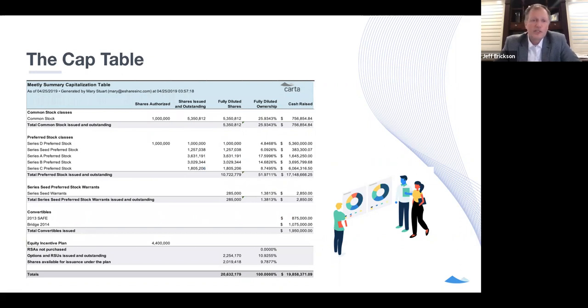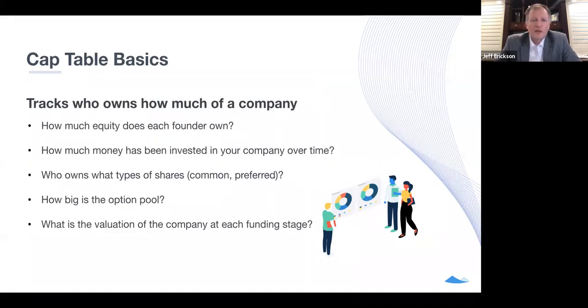So you can see this particular company has preferred and common, and also some convertible notes and some warrants. Your cap table keeps track of all of that, and then the different series of investments that come in as well. So here are some things that your cap table will keep track of. First off, how much equity does each founder own? And then also each investor down the road.